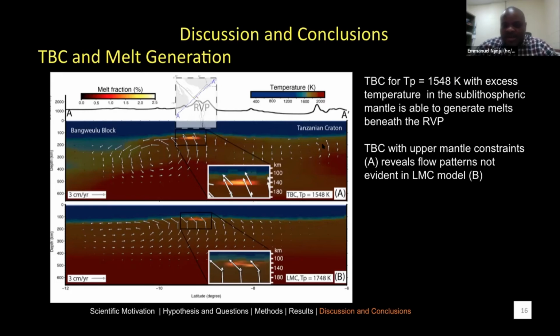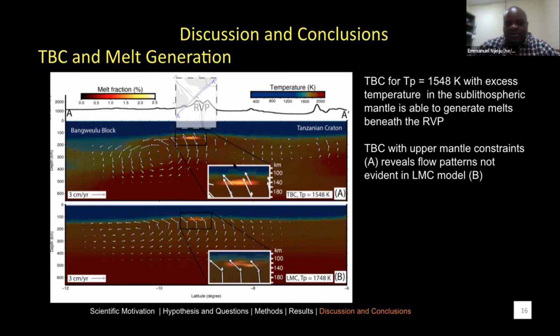We can see upwelling happening beneath the Tanzanian craton, and we can see a corner flow adjacent to the Bangweulu block that is not evident in the convection model that is simply driven by variation in lithospheric thickness. And what is common in both models is that we have upwelling focused where the lithosphere is thinnest beneath the Rungwe volcanic province, and generate melts at similar depth ranges.